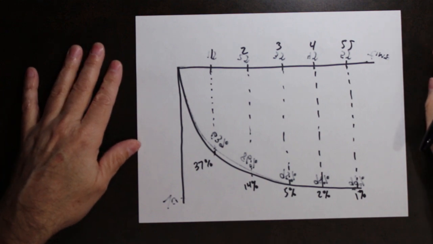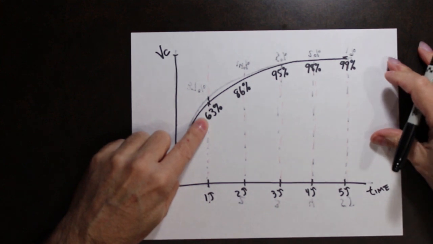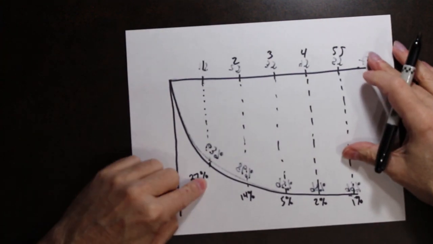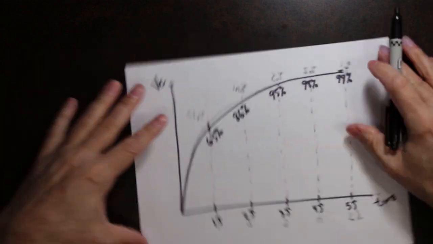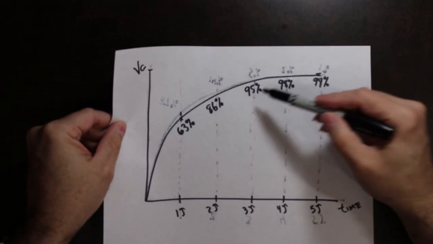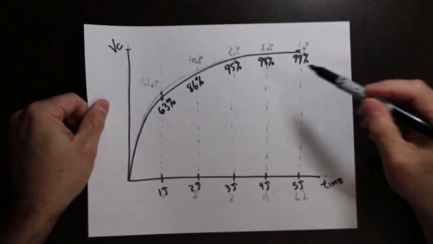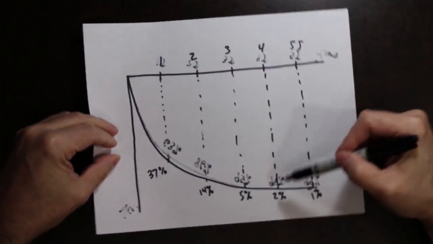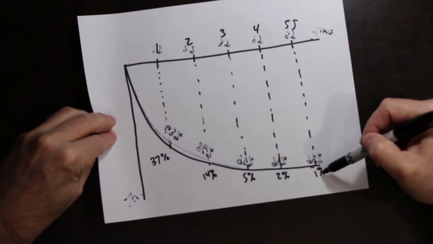So do you see where I got those numbers? Look over here. Flip that over. 63 and 37 equals 100%. 86, 14, 100%. 95, 5. 98, 2. 99, 1.